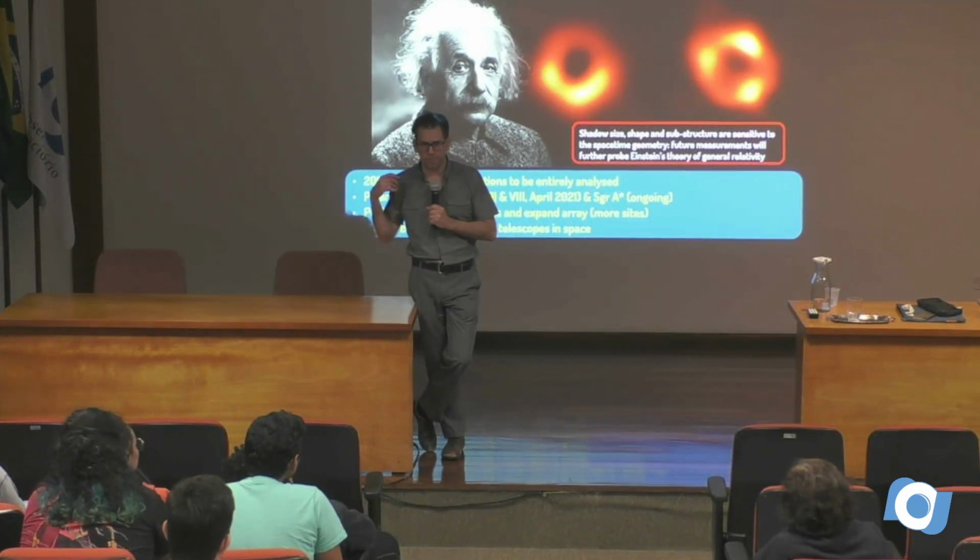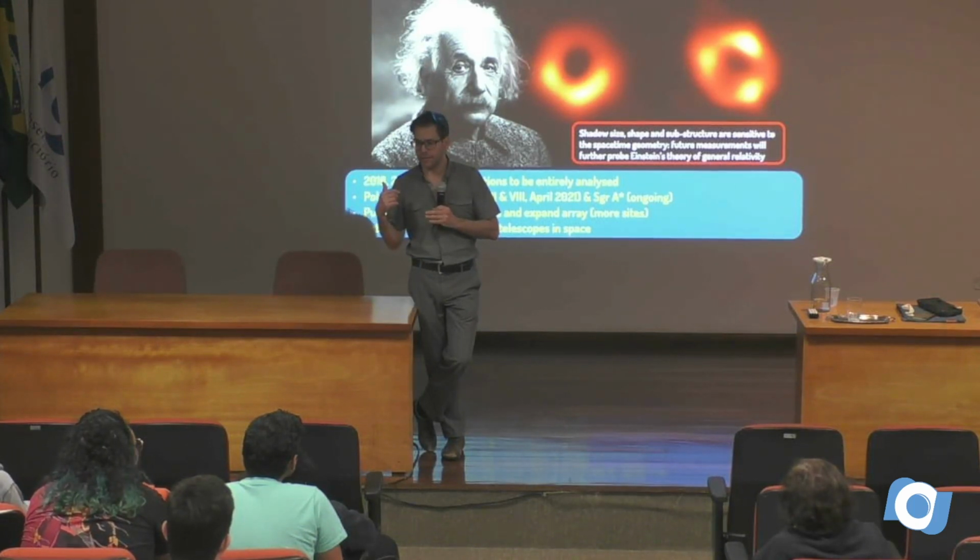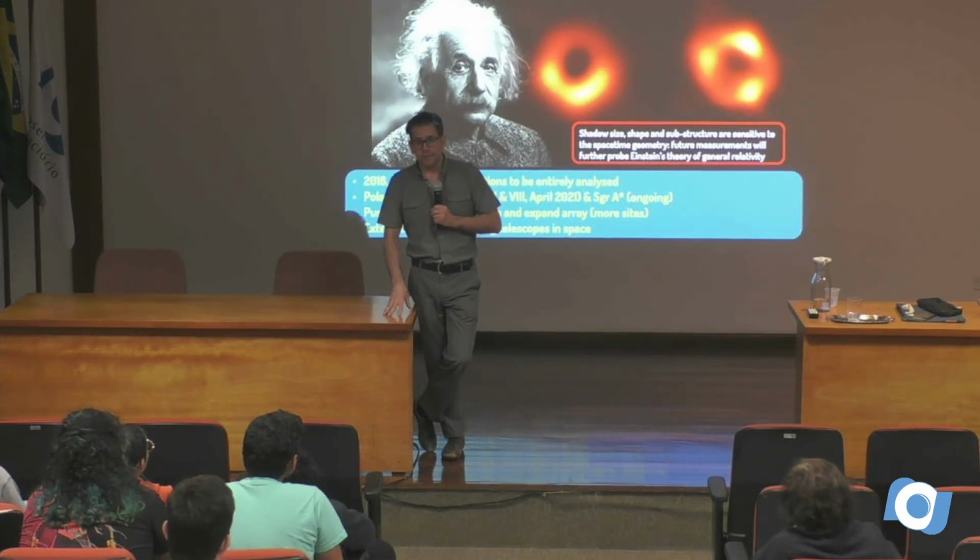It's a billion solar masses binary black hole, and it's one of our targets. And obviously, we don't have the same resolution, so it will be mostly to look at the smaller scales of the jet that's coming from this binary black hole.